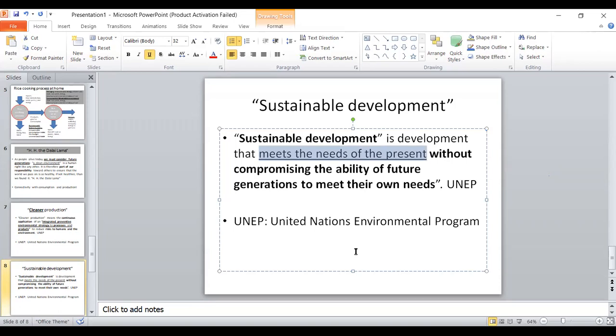Our current airport is operating over its limits, so we may have to have new airports. Port capacities are at their fullest, so we have to expand the ports. These are to meet the needs.